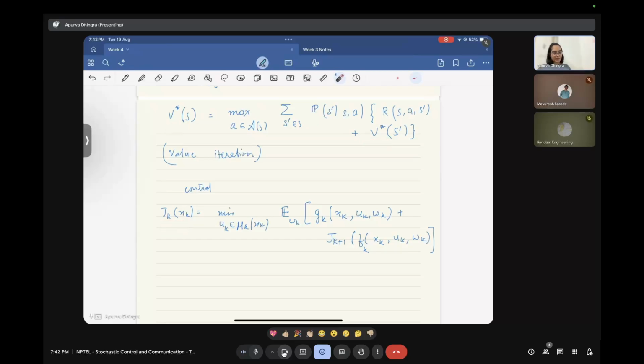In the same way this can be written as time steps also. So whatever can be done in stochastic control has a similar approach that is possible in MDPs also.